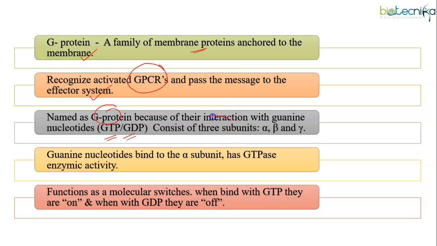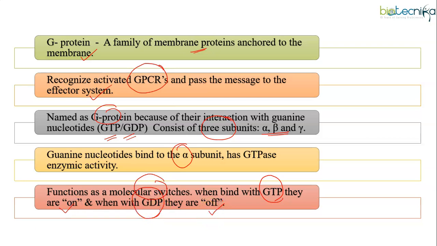It is composed of 3 subunits, alpha, beta and gamma. Among the 3 subunits, alpha has the GTPase enzymatic activity. Thus, G protein functions as a molecular switch, because when bound with GTP, it is on, and when bound with GDP, it is off.